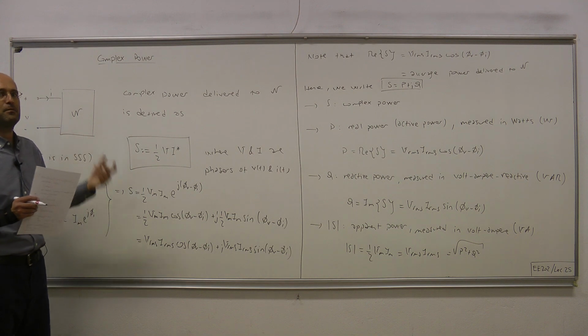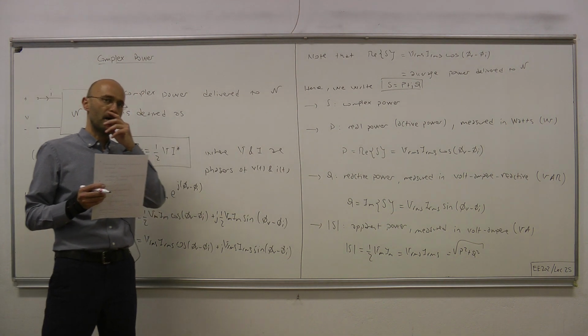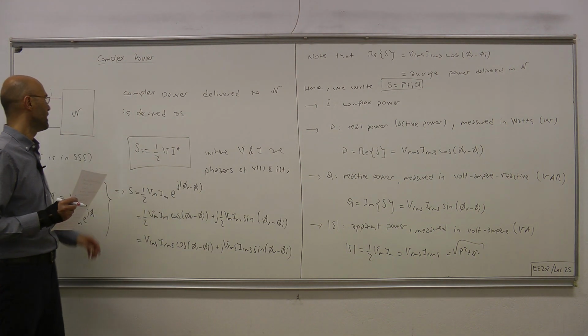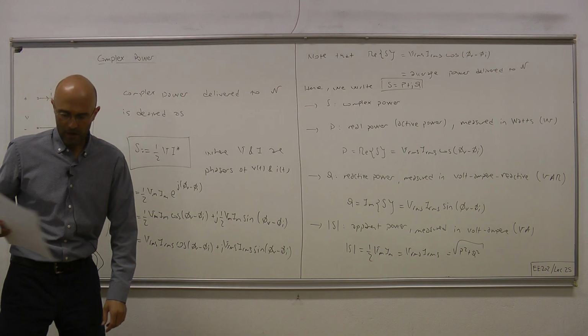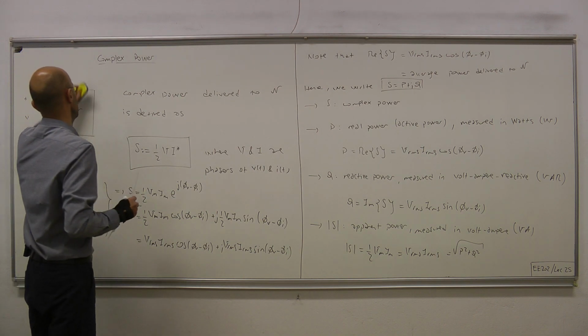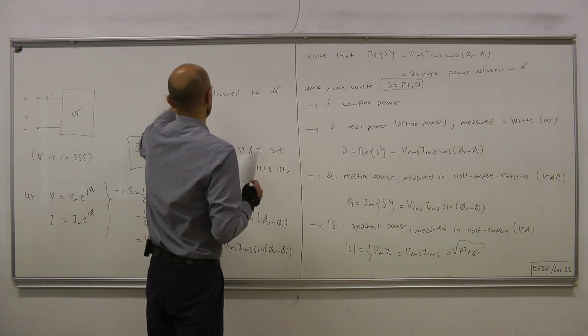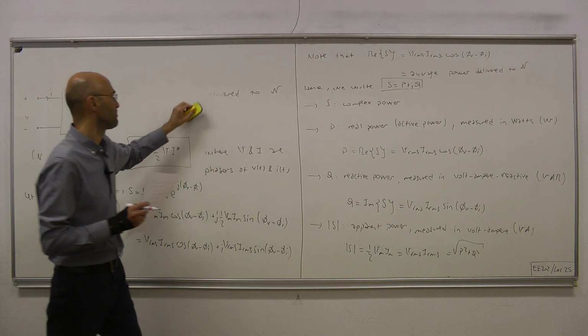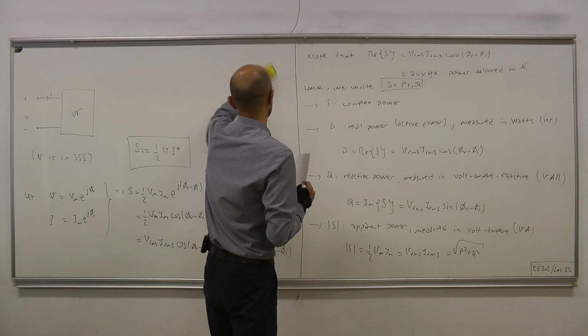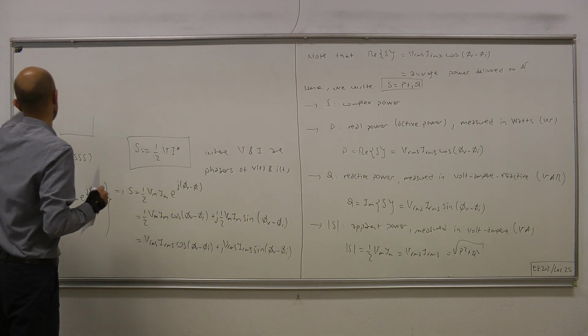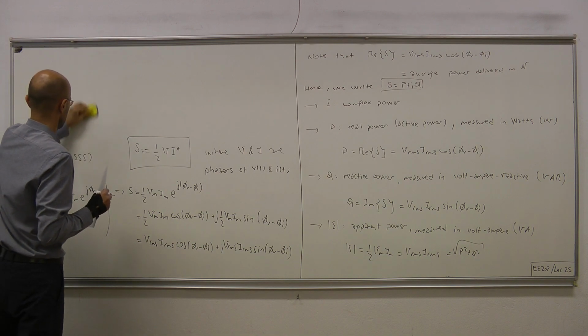Now let's apply this definition of the complex power to a one port that does not contain any independent sources and all the components inside are passive. Therefore, we can represent this by an impedance Z. And then we will be able to figure out the relation between the complex power and the impedance of our circuit.